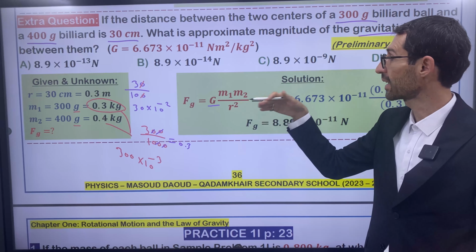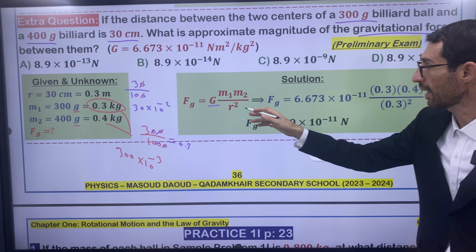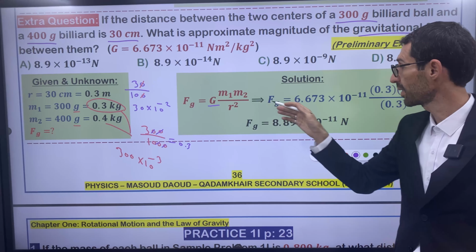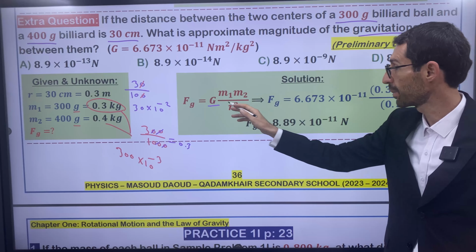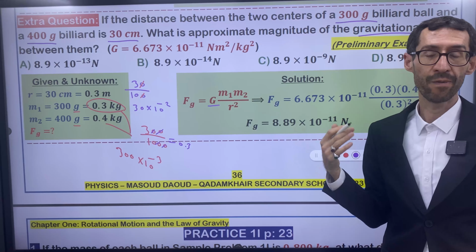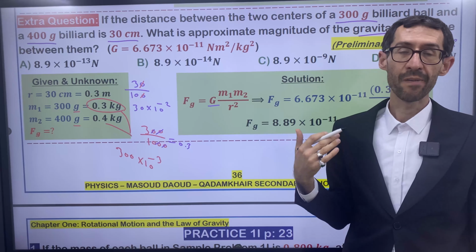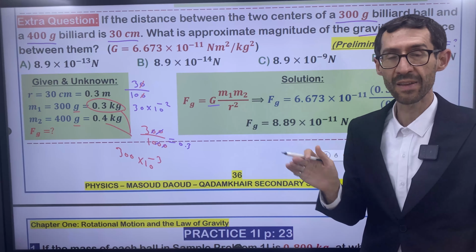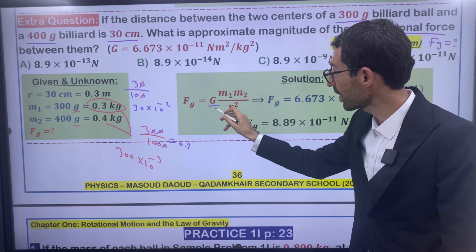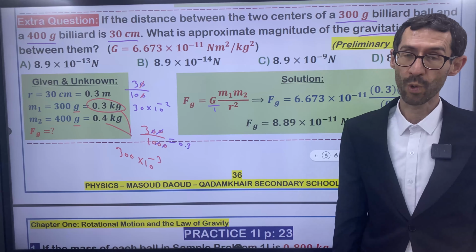Of course, it goes with the numerator. You have to multiply G by M1 M2, because for any variable, any constant, any fixed number in mathematics, there's a denominator of 1.